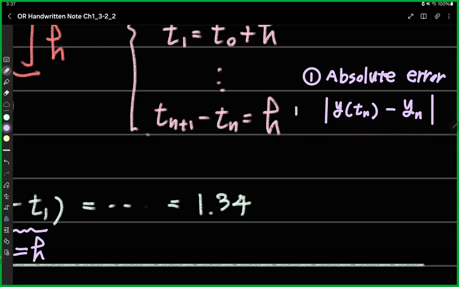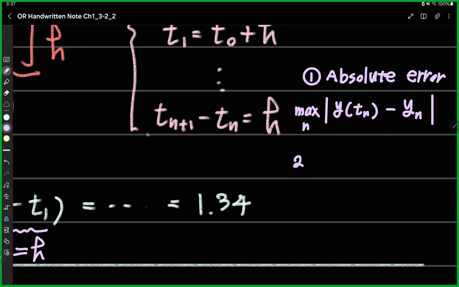So for all values of n, 1, 2, 3, 4, 5, we compute the absolute value of this difference and then take the maximum value. That's the absolute maximum error.